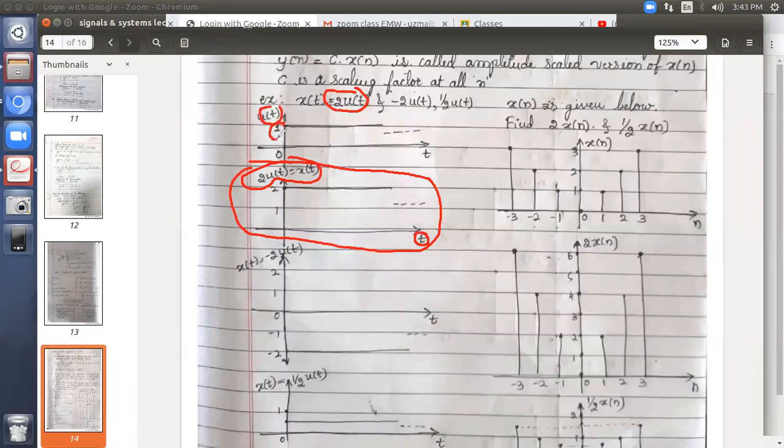It is equal to 1. Now, what is the constant? It is 2. So, whatever constant is given here, it should be multiplied with this amplitude, because it is 2 u of t, nothing but 2 into u of t.